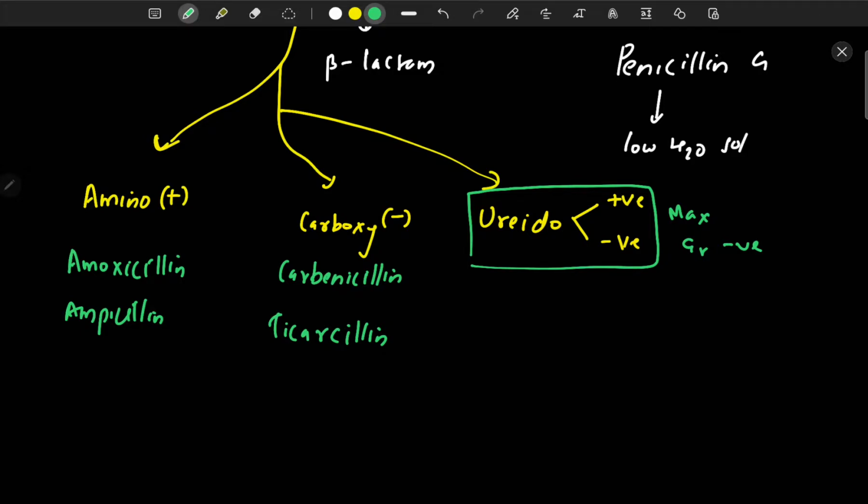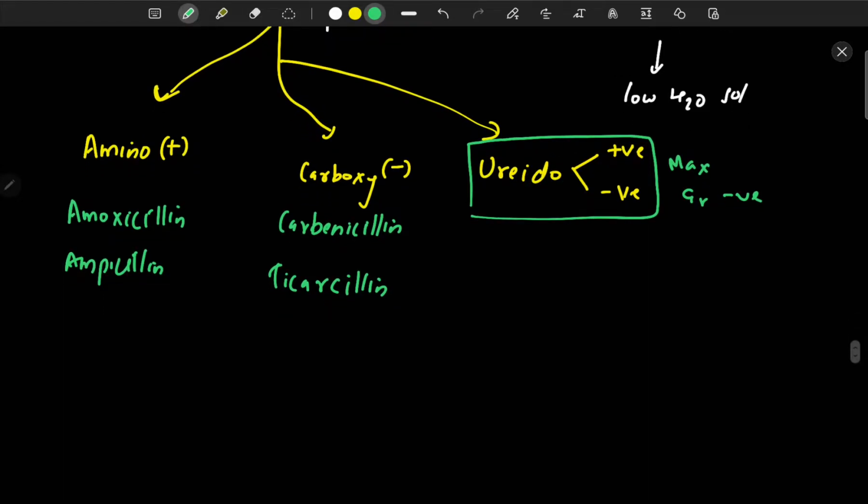And by attaching the ureido group, we have synthesized azlocillin, mezlocillin, and piperacillin.